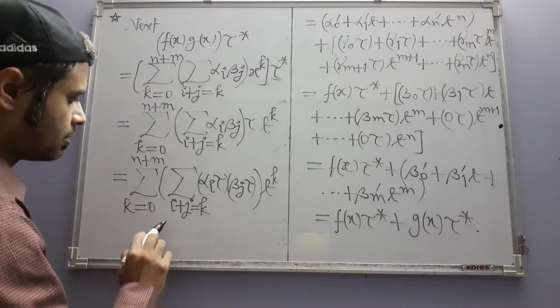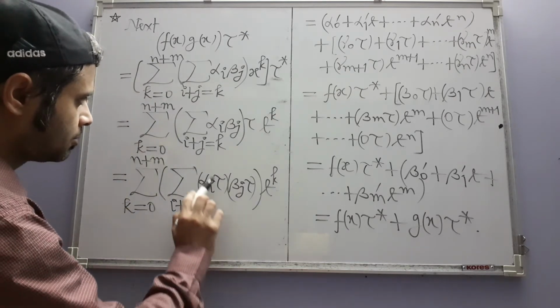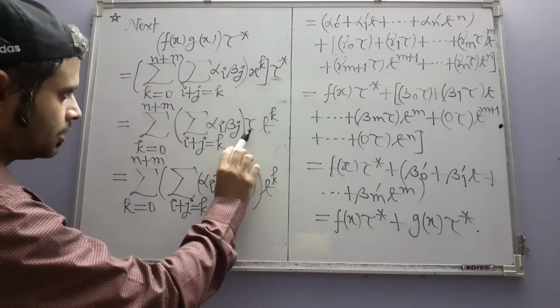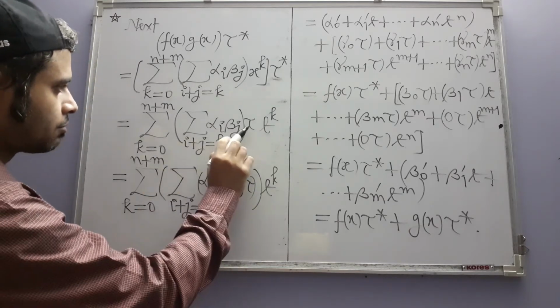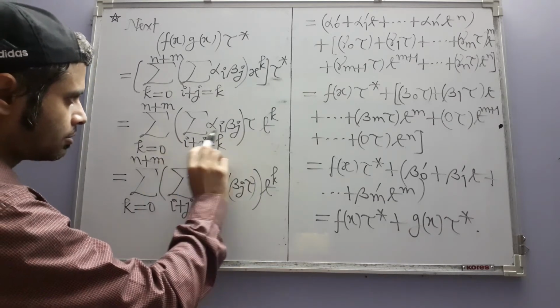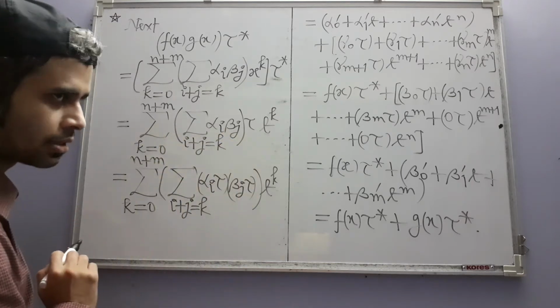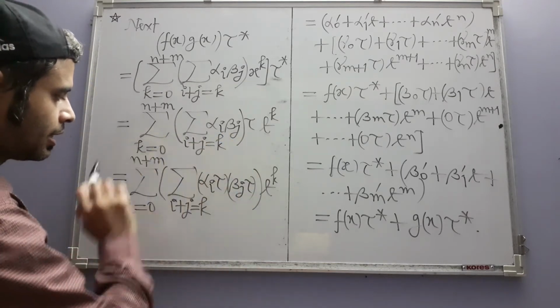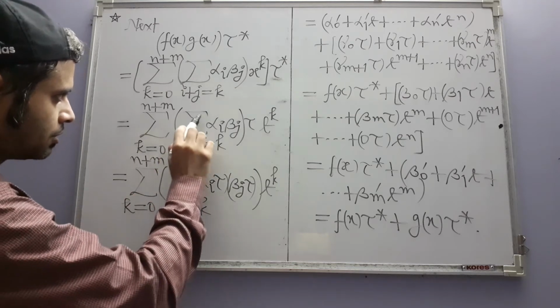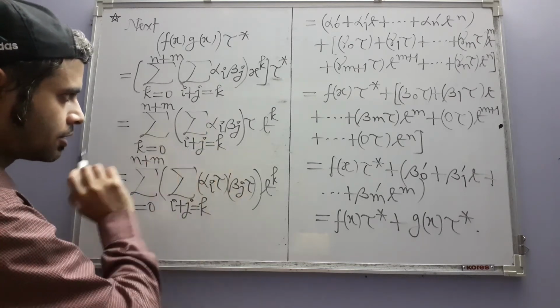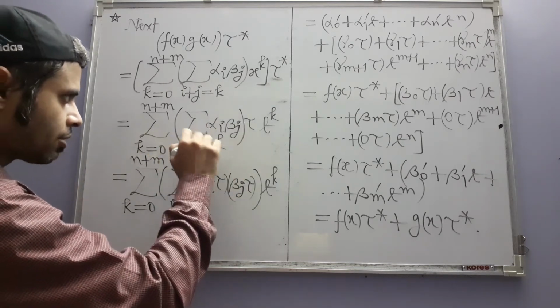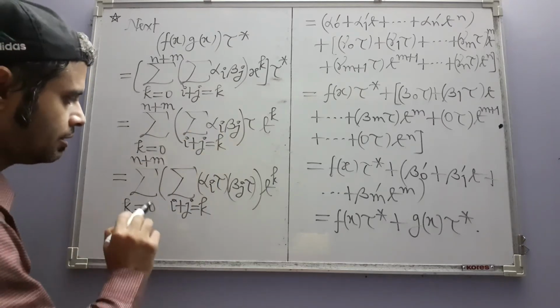If you feel somewhat uncomfortable writing this at once, you can do it in two steps. First, you apply tau to all the terms of this sum for a fixed k. That means in the next step you would write the summation, i plus j equal to k, of the tau image of alpha i beta j, and then you write this one.